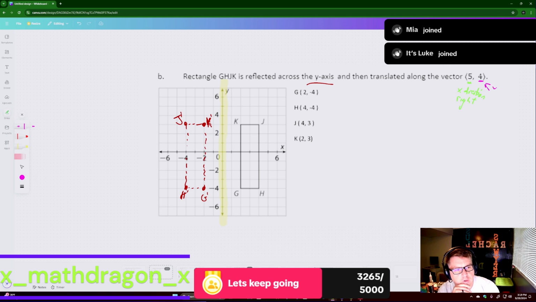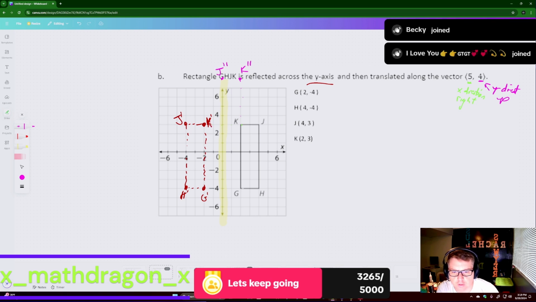And then this one's going to be our y direction, and this is going to be up. So we're going to take each of these points 1, 2, 3, 4, and then 1, 2, 3, 4, 5. So this is K double prime, this is J double prime.